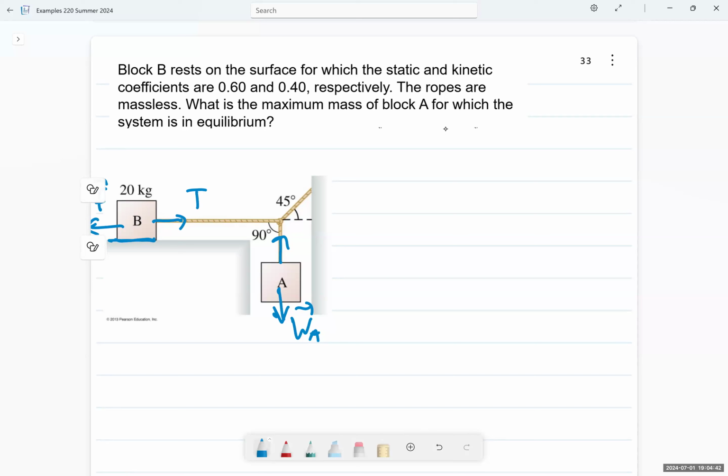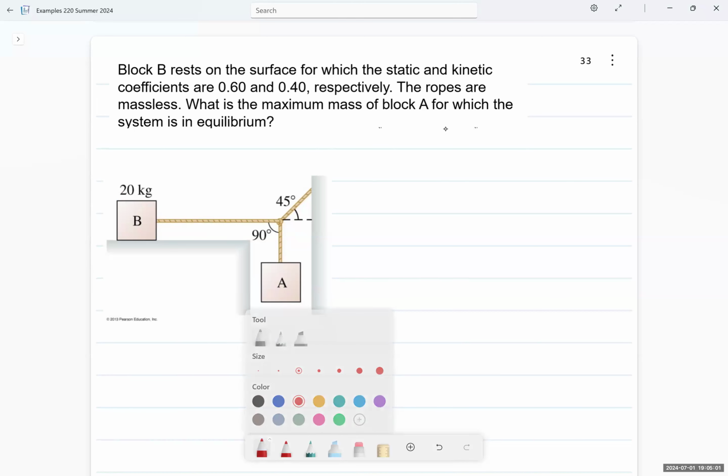All right, so what we do here is we look at individual A and B and try to find the mass of A, because our goal is to understand that all the forces acting on A and all the forces acting on B have to cancel each other for the system to be in equilibrium.